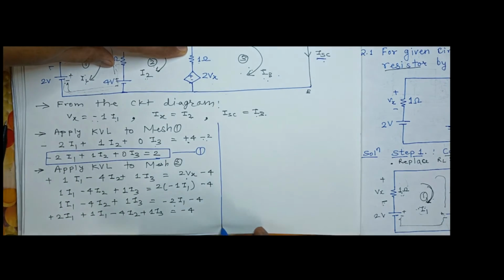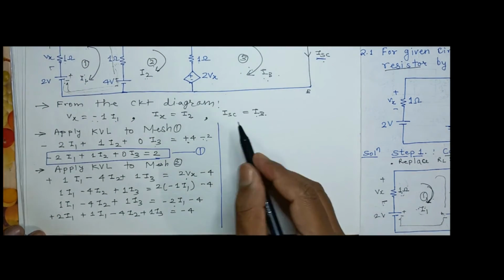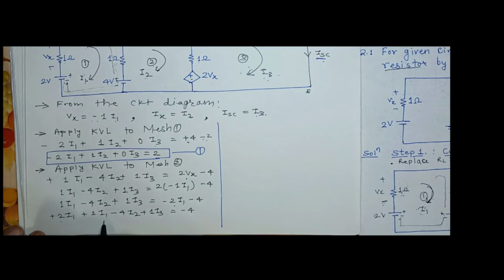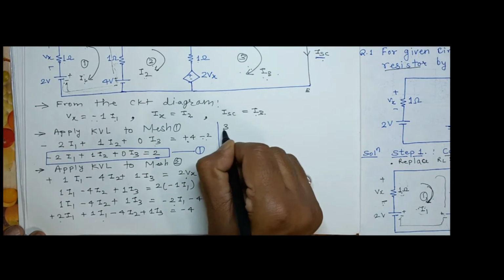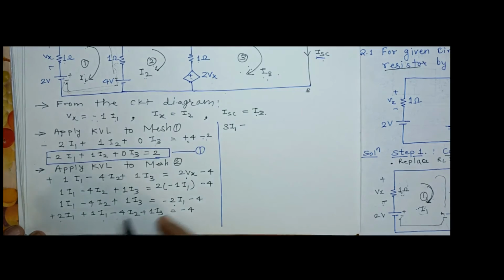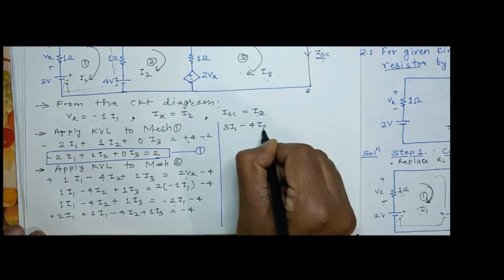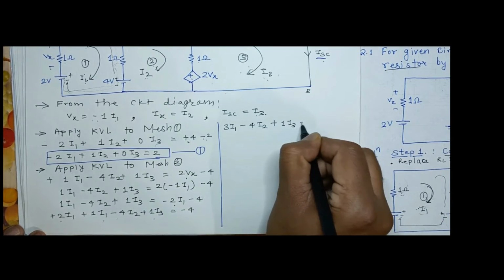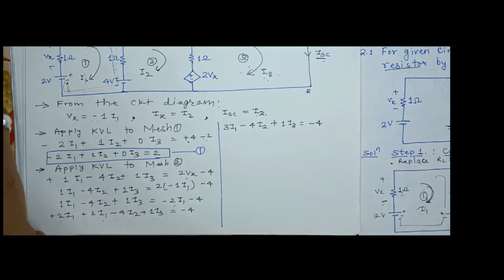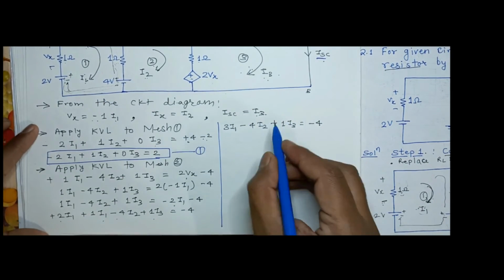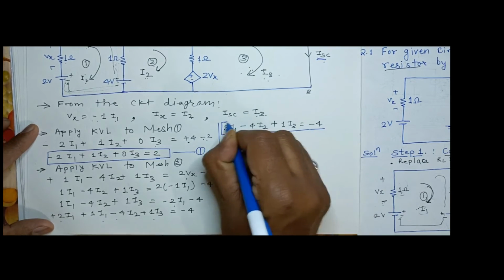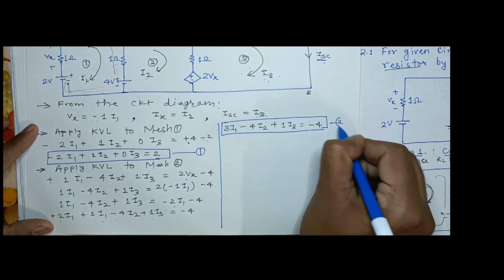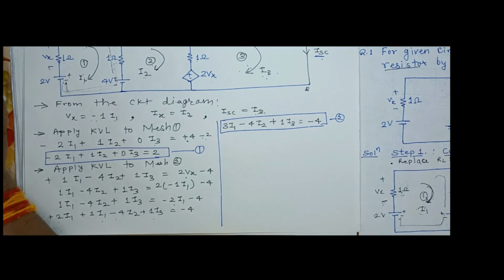You can see this is 2 I1 plus 1 I1, so it is 3 I1 minus 4 I2 plus 1 I3, and it is minus 4. So this is our equation number 2.